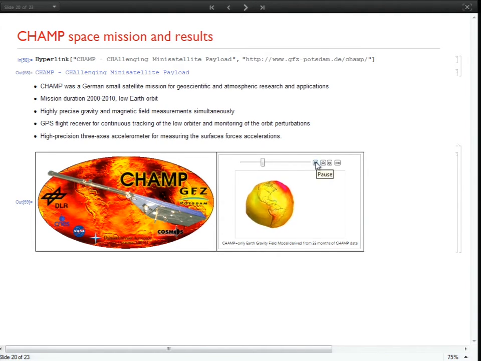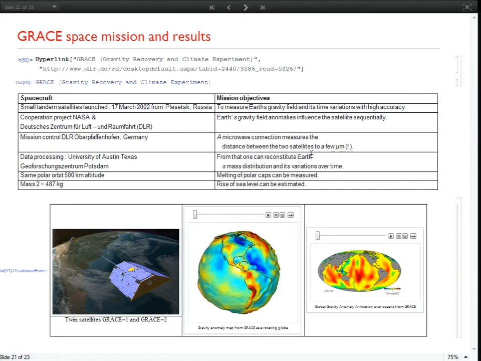Okay. The next mission in that sequence was the GRACE space mission. This was also a small space mission of two tandem satellites, a cooperation project between NASA and the German DLR. Here are some more facts on the mission. The important thing is it consisted of a tandem of satellites which flew on the same polar orbit.